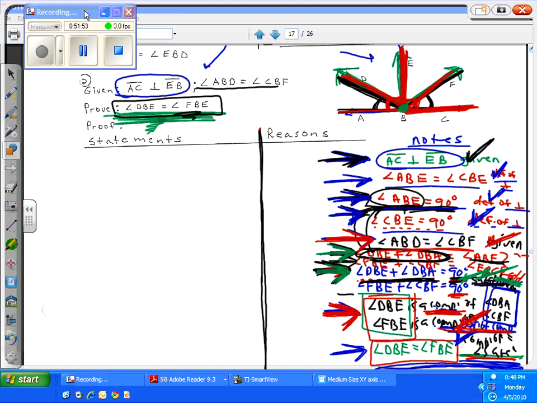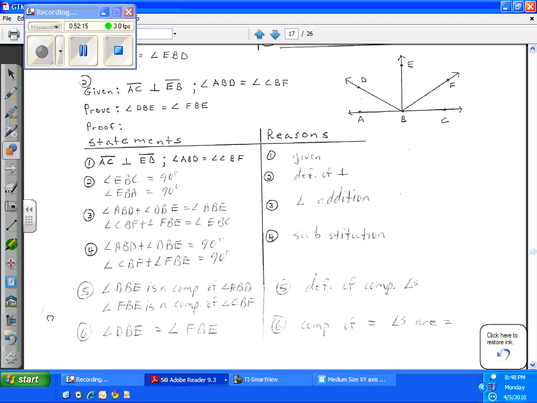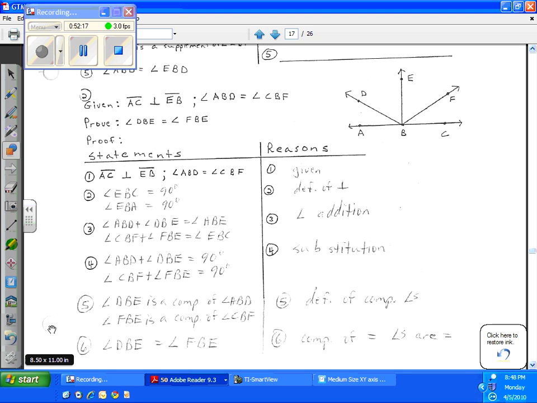Definition of, we have it, so that's justified, that's justified, that's justified. My last needed statement is this one. The reason is given, which is justified. It requires no further statement. So we know that we need every single statement in the order that we have them written, and every single reason is justified, so we must have done it correctly.